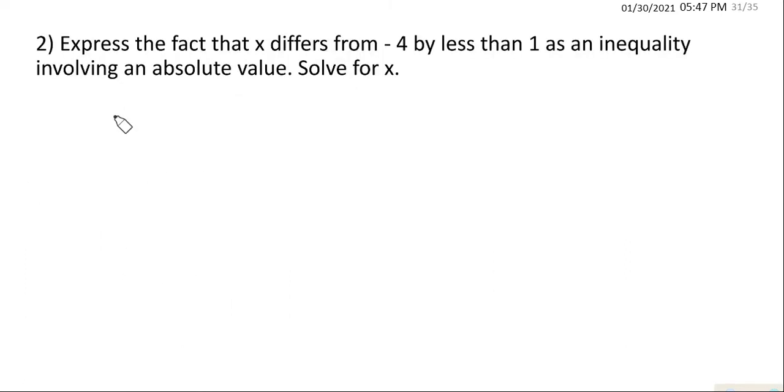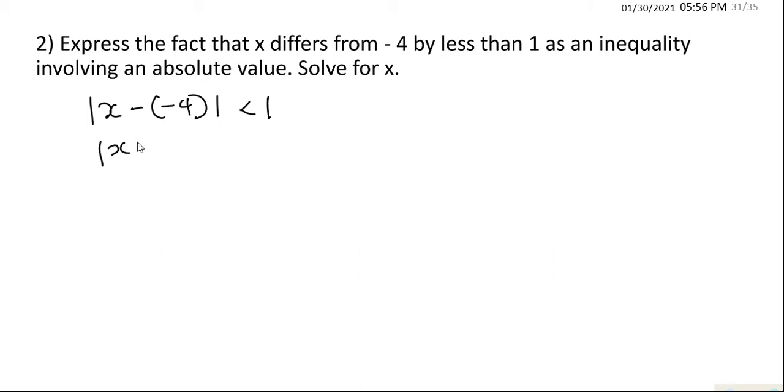Example 2. Express the fact that x differs from minus 4 by less than 1 as an inequality involving absolute value, that is x minus minus 4, by less than 1. Okay, alright guys, so this is what we have here.